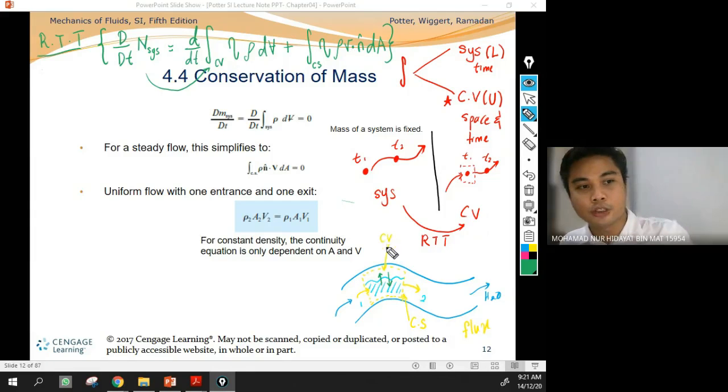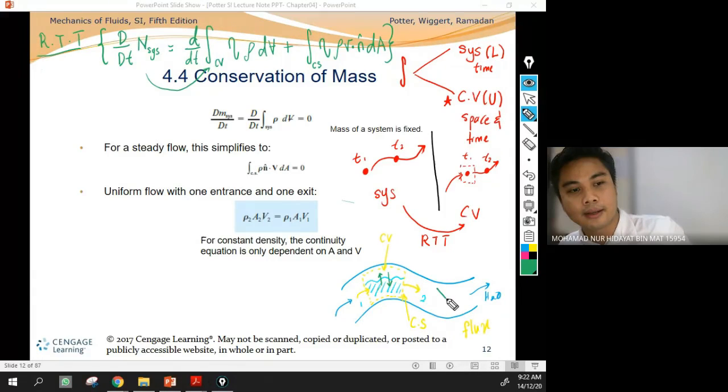For the control volume, we care about the rate of change of water, for example, the water rising or dropping. So this is the first term. The second term is the flux term. We refer to the flow of the extensive property coming in and going out of the system.